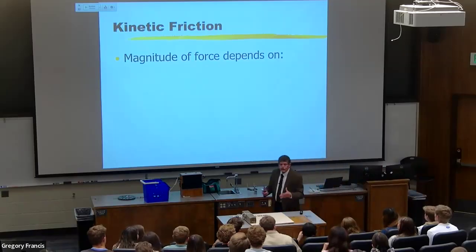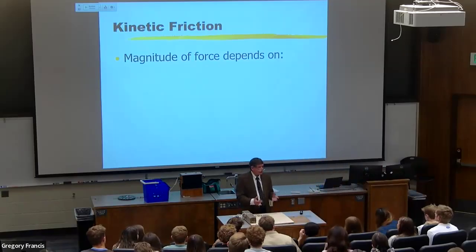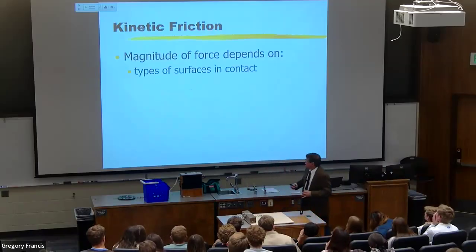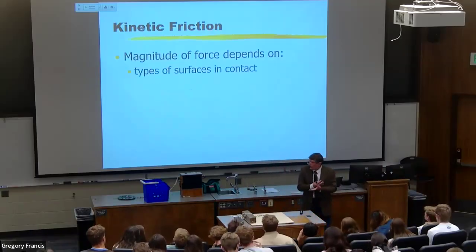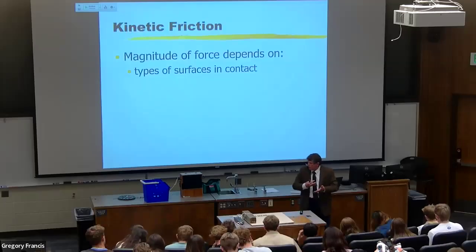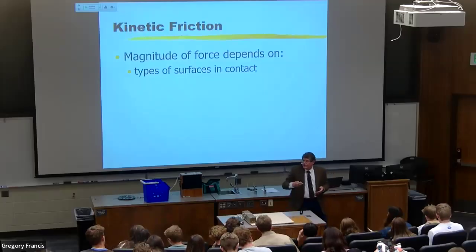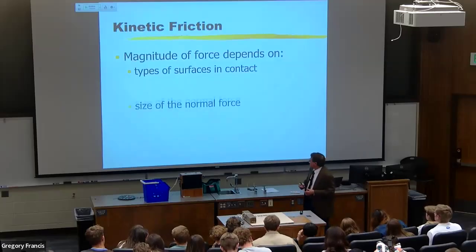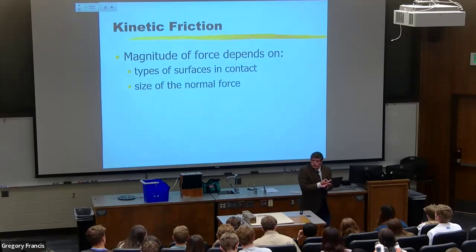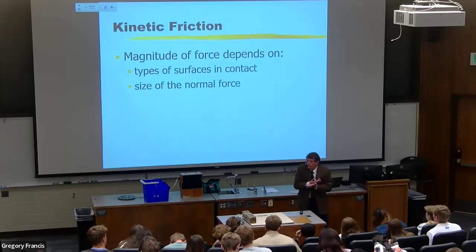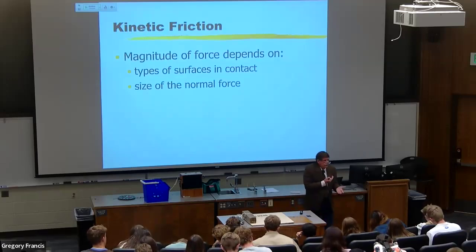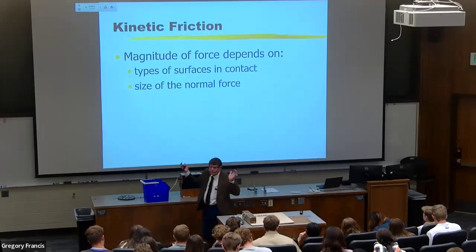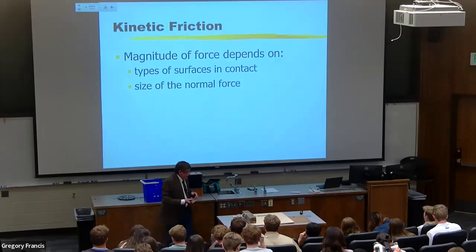We have been given such a blessing in that it turns out that this friction force only depends on the types of surfaces that are in contact, how rough they are, which we're going to find out gets folded into this coefficient of kinetic friction, and the push between the surfaces, the normal force that is exerted by one surface on the other surface. And that's it. And that's it.